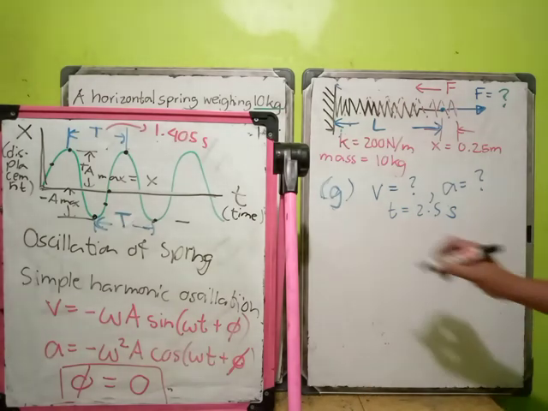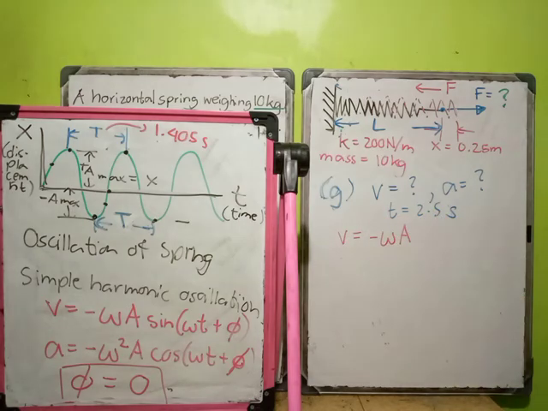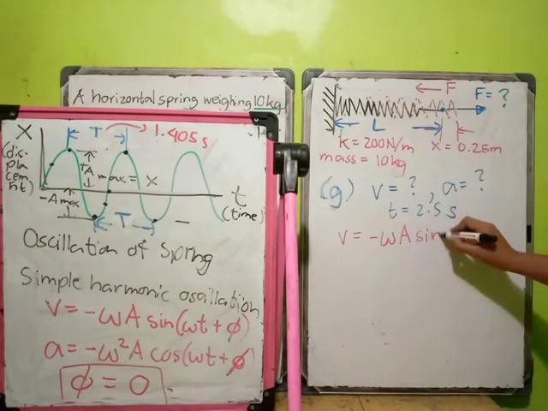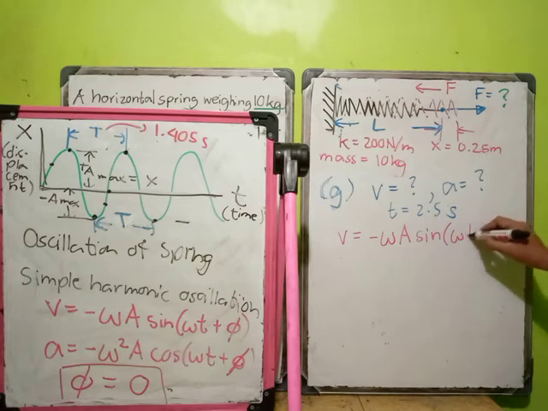So, we use v is equal to negative omega A sine omega t. Okay? So, yan yung velocity.